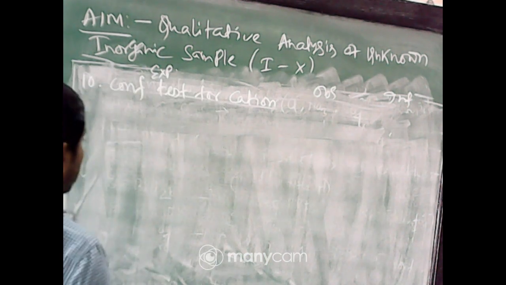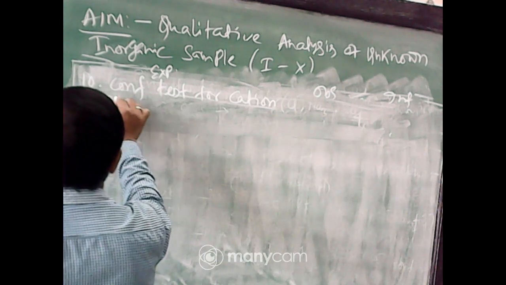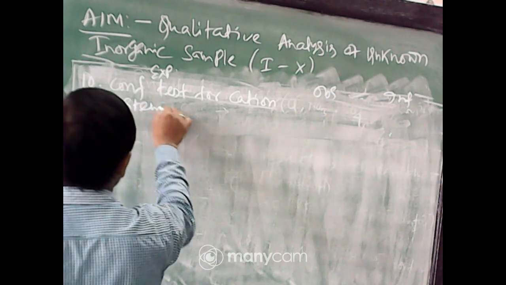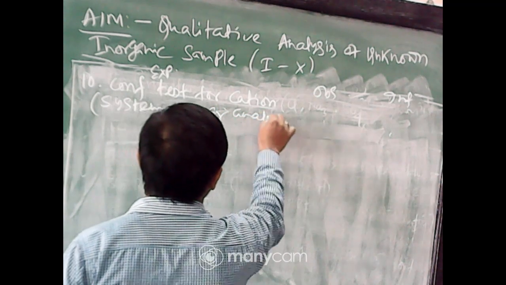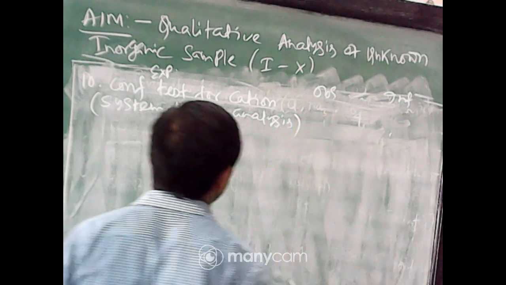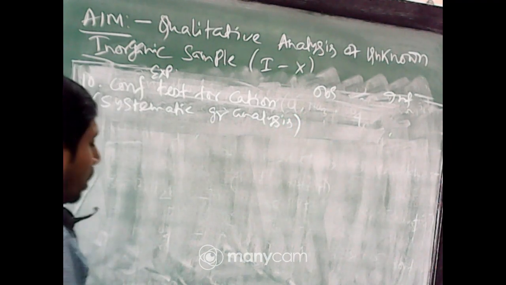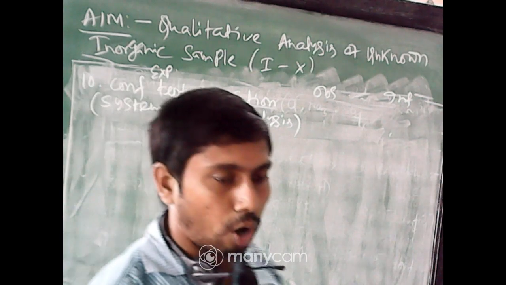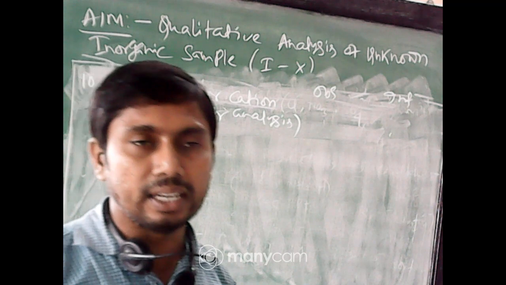Just look at that sample. Confirmative test of cation, within brackets systematic group analysis. If you observe that chart carefully, it also has a group reagent.